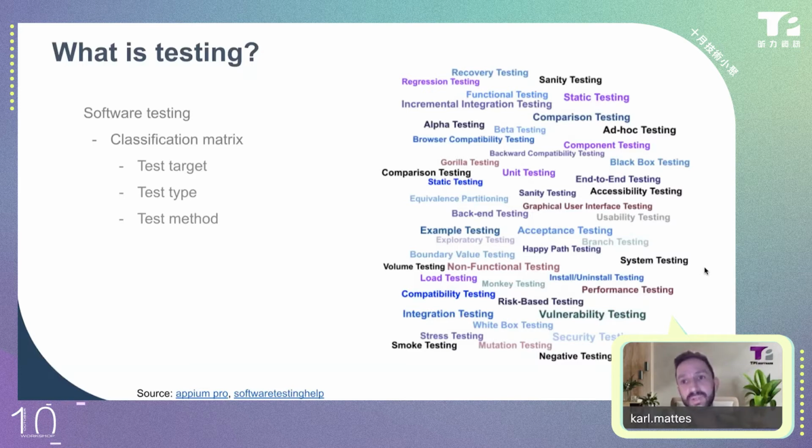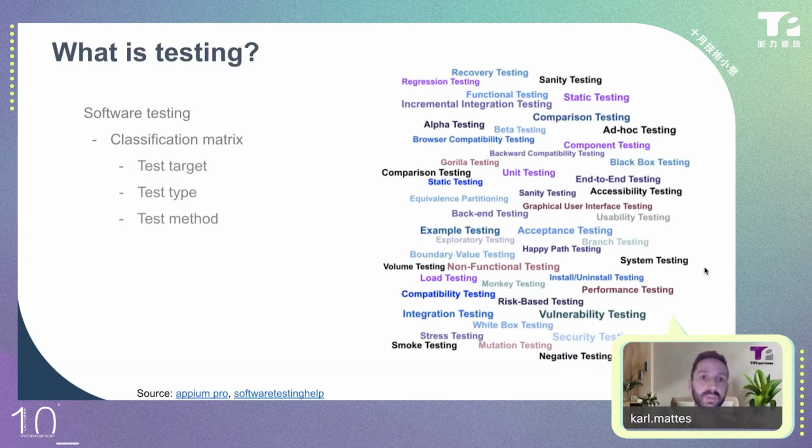Maybe there are some words in there that you have heard before. Maybe you've heard of unit testing, where you would test basically every functional, every bit of code in your software. But let's see how we could classify software testing.